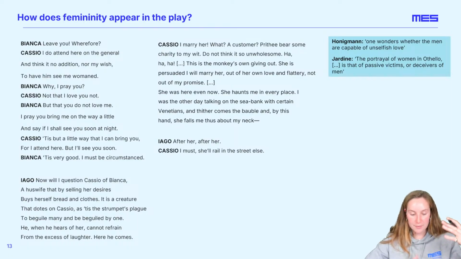Because then you have this sort of ready paragraph in which you're able to put Bianca as a contrast to characters like Desdemona and Emilia, but also perhaps somewhat in alignment with someone like Othello, or with Othello's projection onto Desdemona of who she is, because she is treated very differently.